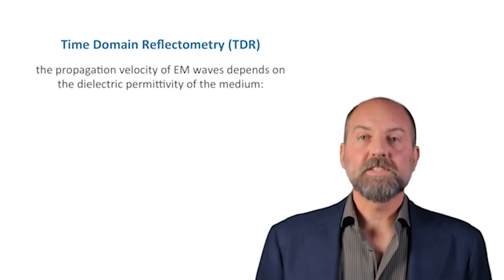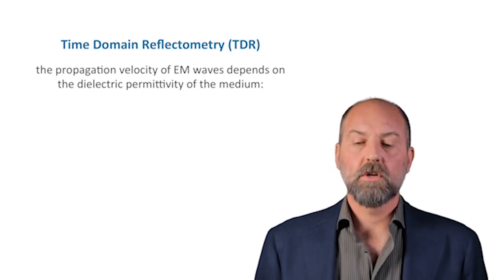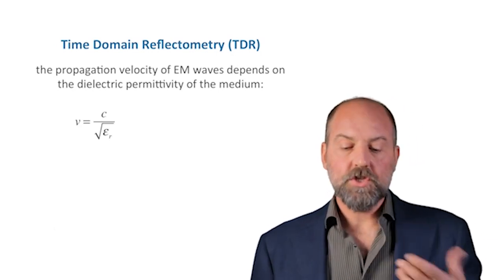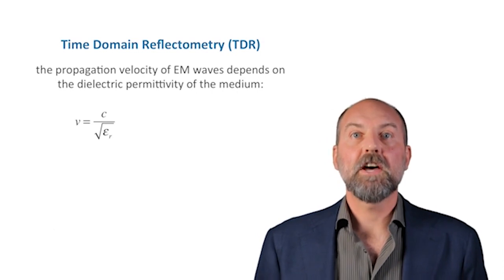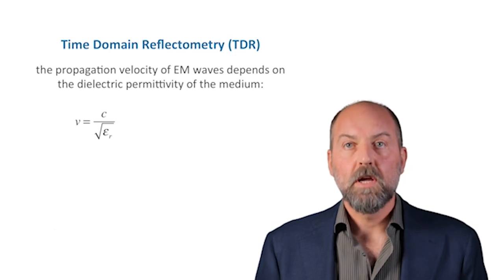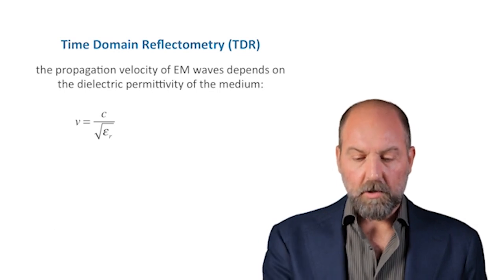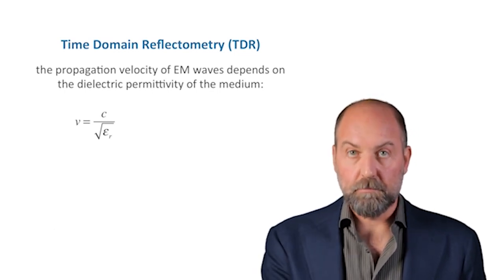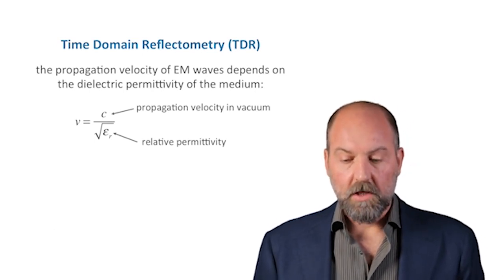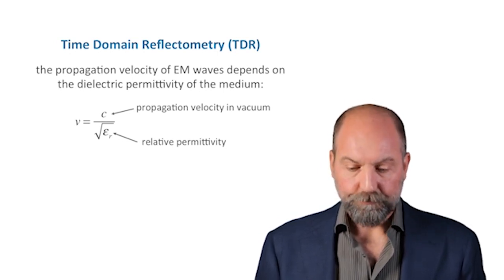The first technology we will be discussing now is time domain reflectometry, which is known as TDR. The rationale behind this technology is the very simple fact that the velocity of propagation of an electromagnetic wave through a medium depends on the dielectric permittivity of such system through a very simple formula that you see below, where we have, of course, the propagation velocity in a vacuum and the square root of the relative permittivity.